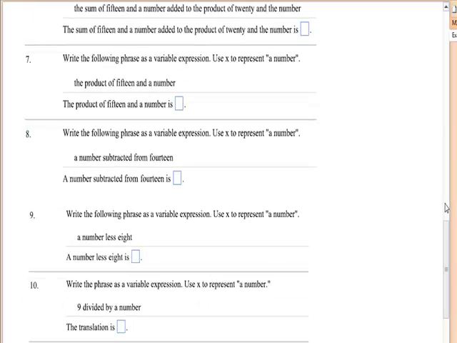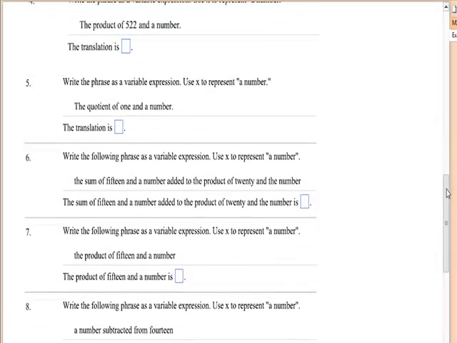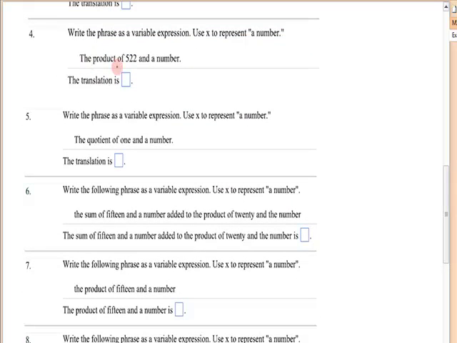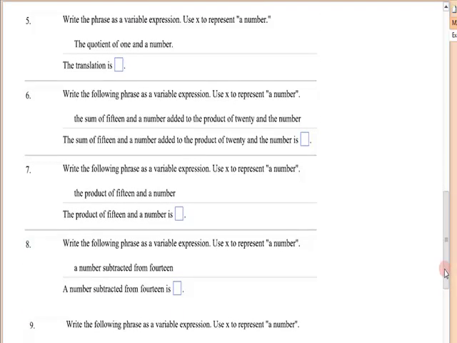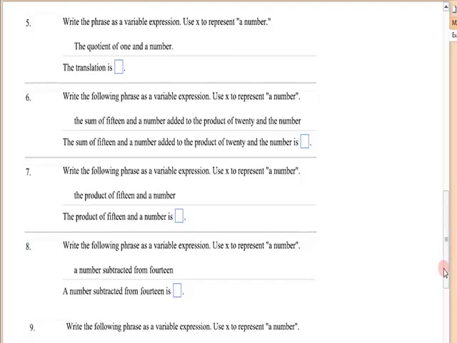Number 4. Whoops, I'm sorry, went way too far. The product of 522 and a number. Product means multiply. So it is 522 times a mystery number. We're not going to show that multiplication dot, so it will be 522x. Number 5, the quotient of 1 and a number. Quotient means divide.